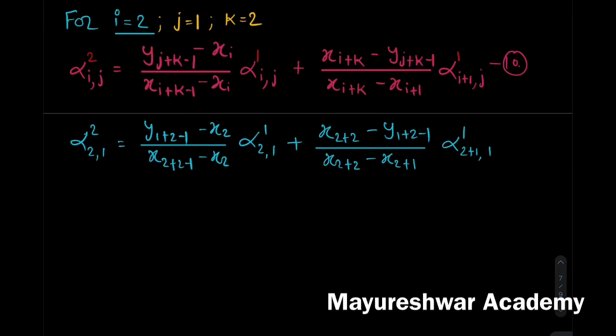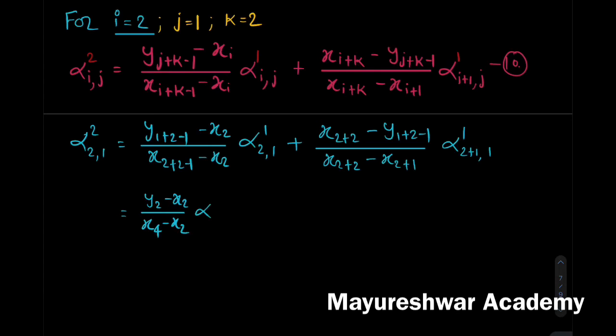Okay, so this gives y2 minus x2 divided by x4 minus x2 alpha 2 1 plus x4 minus y2 divided by x4 minus x3, and alpha 3 comma 1 1.